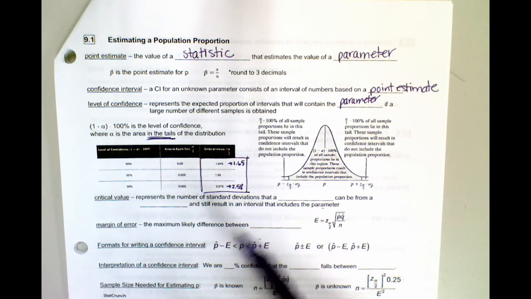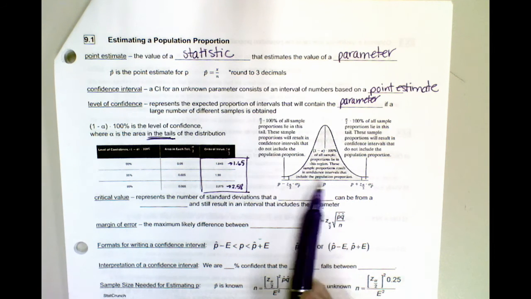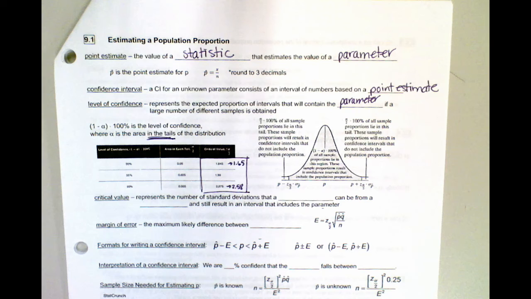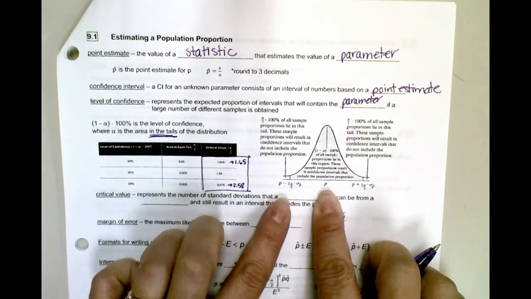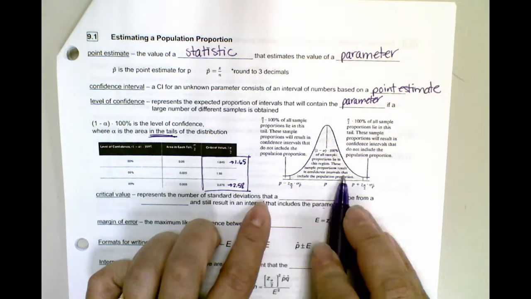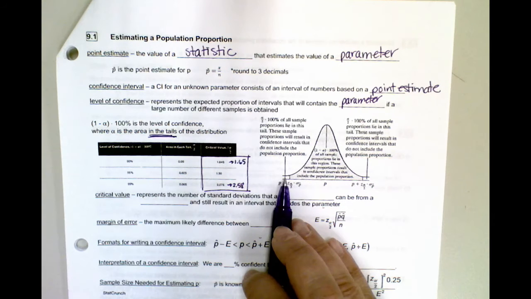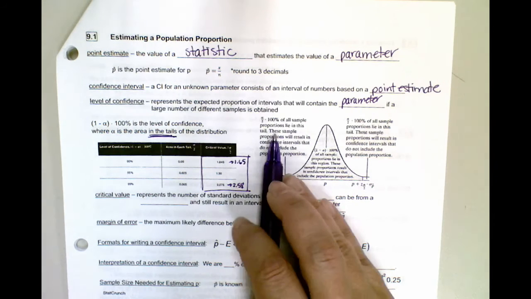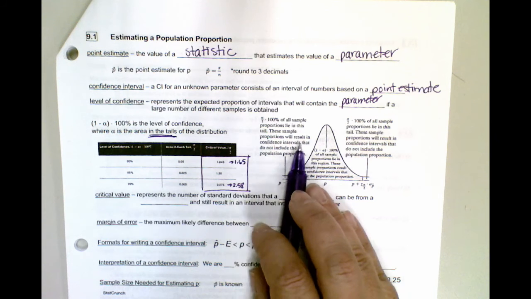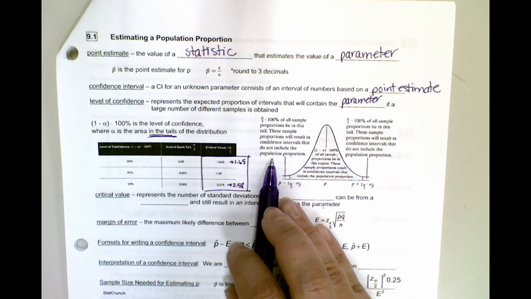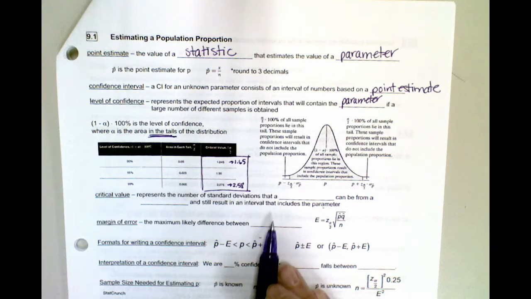Those sample proportions result in a CI that includes the population proportion, meaning that the actual p falls somewhere in there. These guys show what lies in the tail. So these sample proportions result in confidence intervals that do not include the population proportion.